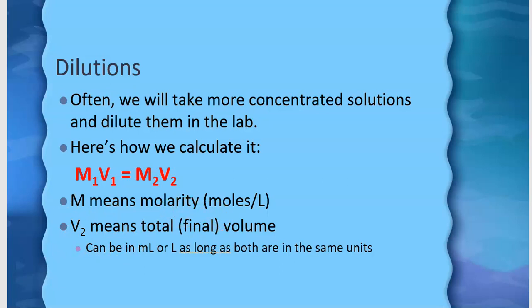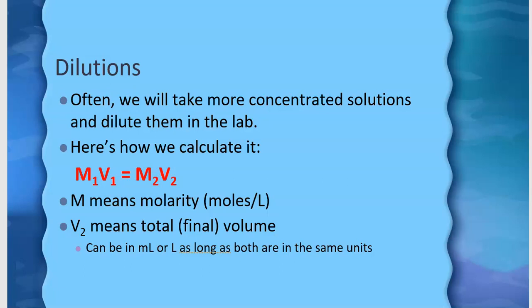So if we look back at what we were doing before, we would use 2,000 milliliters because we wanted 2,000 milliliters of 0.0250 molar. And so hopefully you see that using this formula, you got the same answer as you did before.